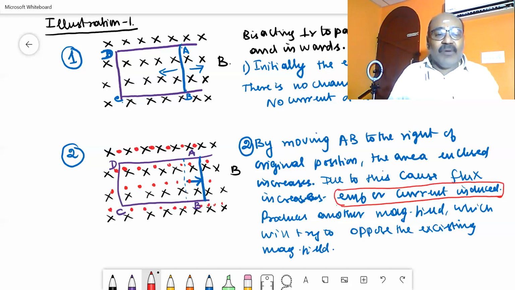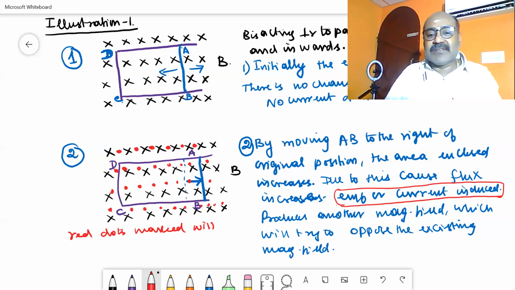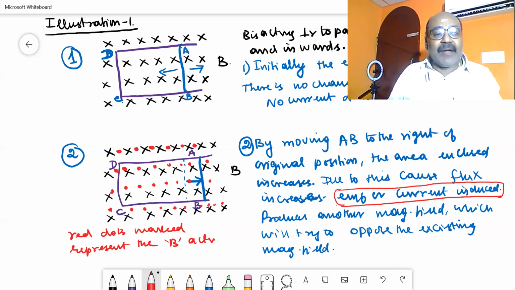Now, the red marks represent the magnetic field B acting perpendicular to the paper and outwards.